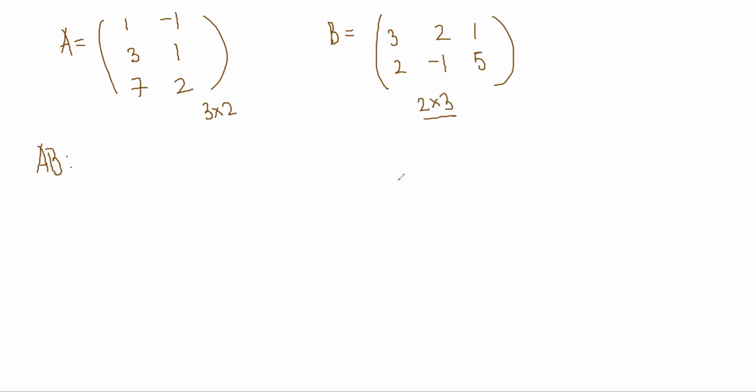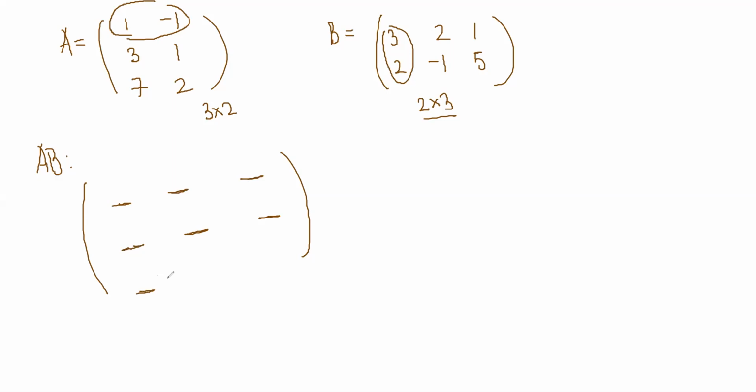Row dot column: 1 into 3, 3, and so on. It will be in the form of a 3 into 3 matrix. This is for 1.